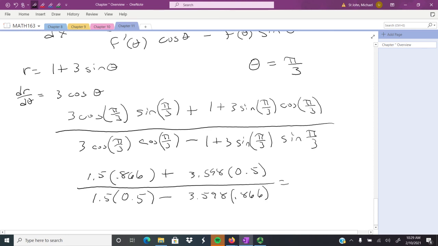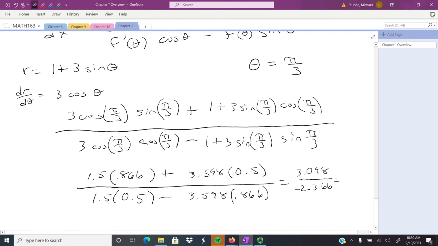And so if we do that out, on the top we get 3.098, and then on the bottom we get a minus 2.366.